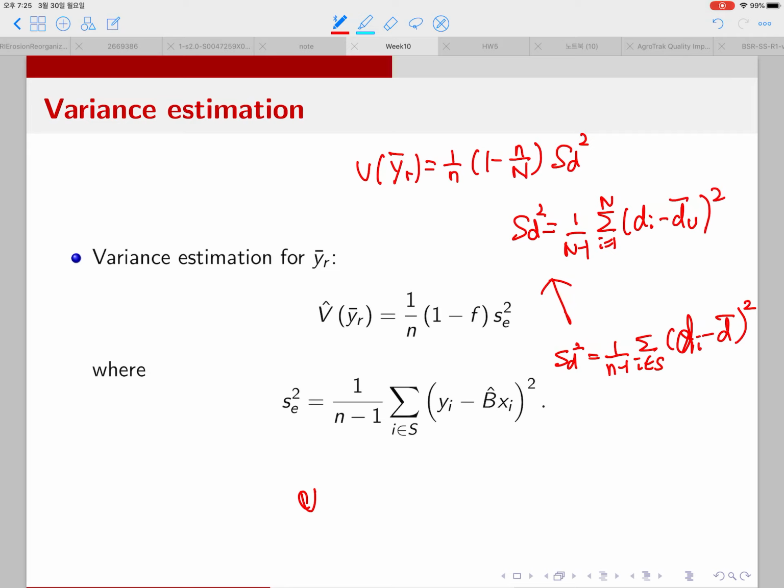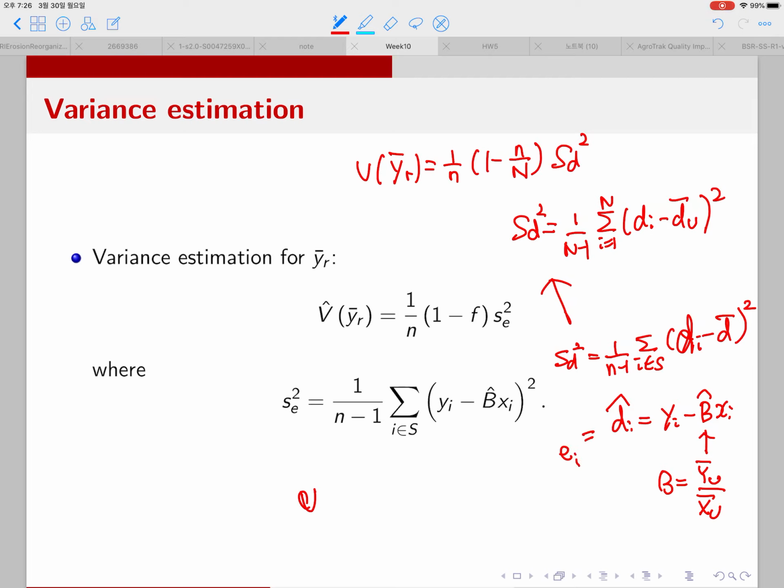But the problem is that you don't observe d, because di is yi minus b xi, and b is a population parameter. So you don't know it. So the idea is, okay, since we don't know d, we can estimate it by d hat, and we call it ei.